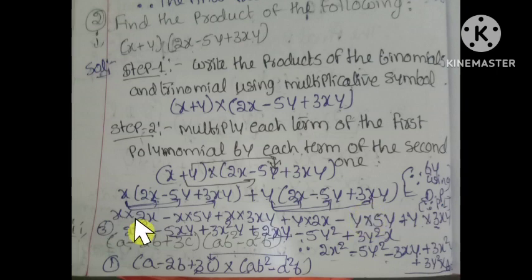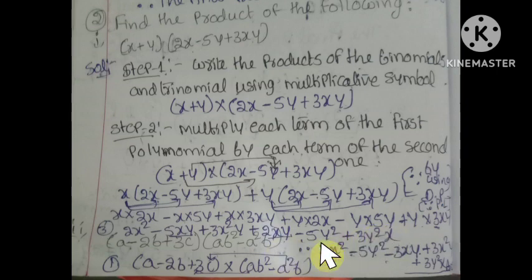So x into 2x, so 2x square, minus 5y into x, 5xy, plus 3xy into x. So x is the base, both bases are the same, we can add the exponents only. So 3x square y, plus 2x into y is 2xy, minus 5y into y.